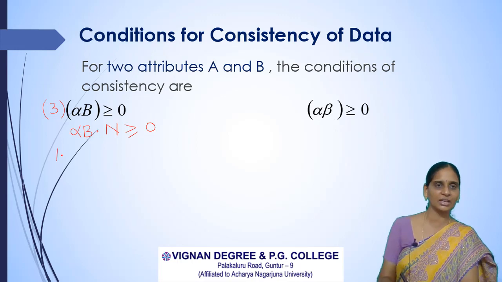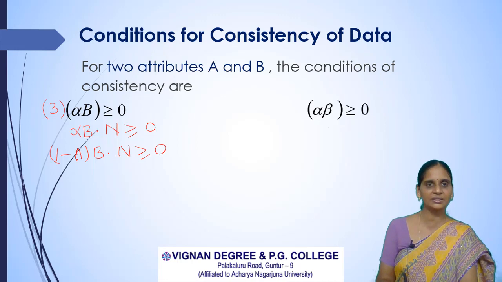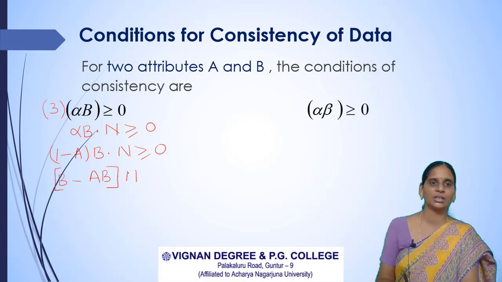Again, alpha can be replaced by the operator 1 minus a, so 1 minus a into b into N is greater than or equal to 0. 1 minus a into b means b minus ab, so b minus ab into N is greater than or equal to 0.